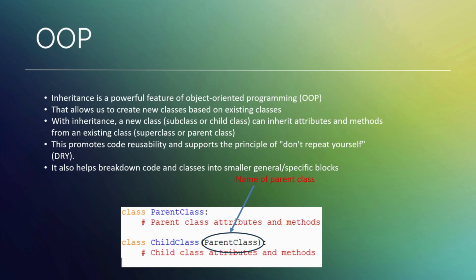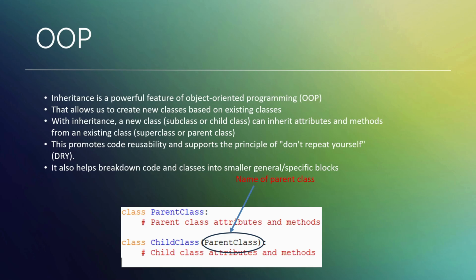What it will do is that it will allow the child classes to use the methods and attributes of the parent class. So this way we are eliminating the same code. For example, all the vehicles have a color and a model.